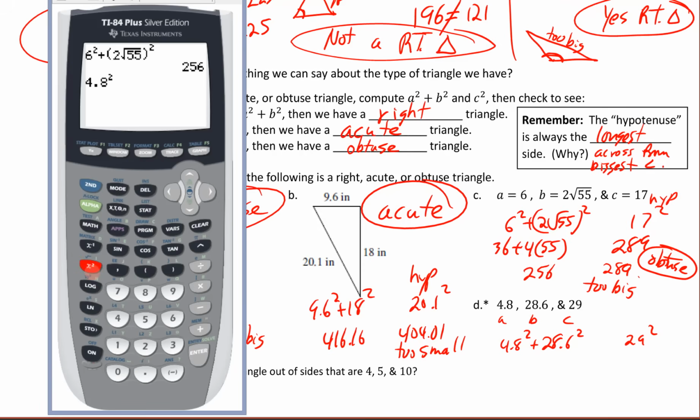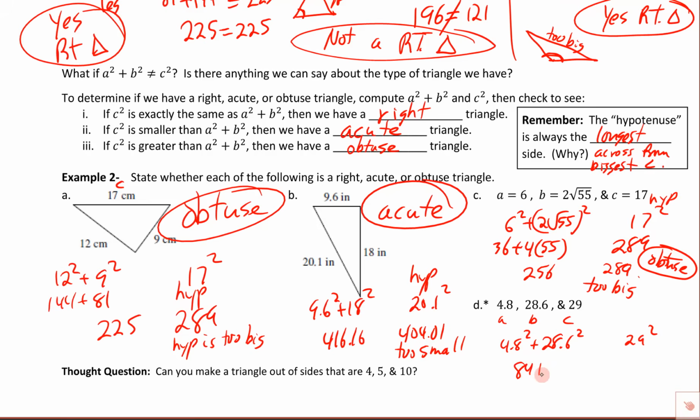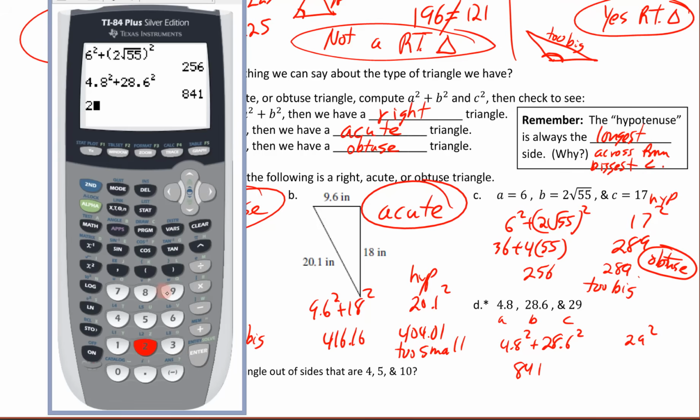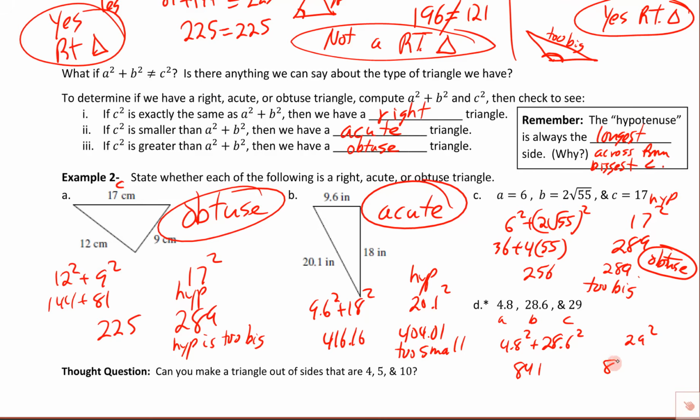We'll square that, plus 28.6, we'll square that, and we end up with 841. So 841 here, and let's check 29. So 29, and we'll square that, hit enter. 841. Okay, just right, just the right size. So this is a right triangle.